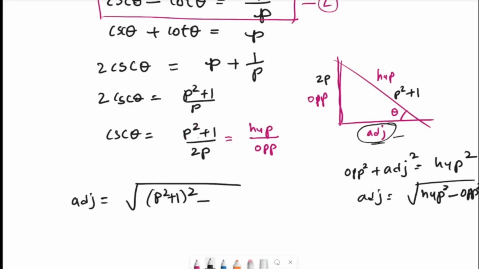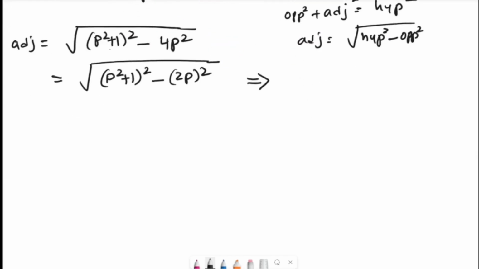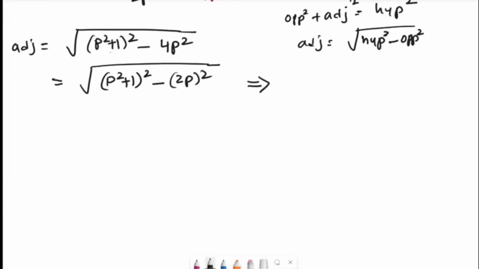Opposite square is 2P whole square, which is 4P square, basic algebra. So this is the square root of (P square plus 1) whole square minus (2P) whole square.